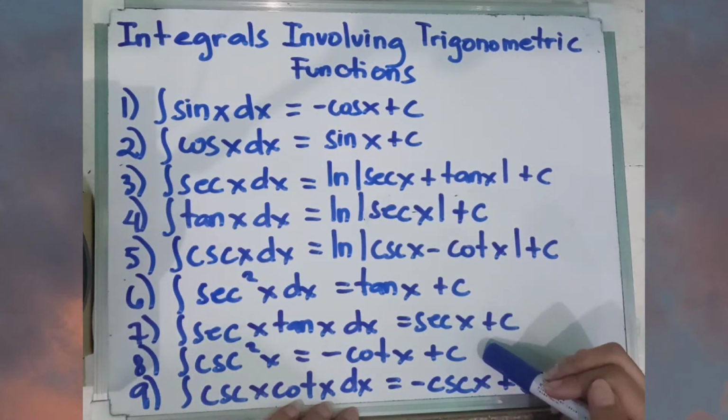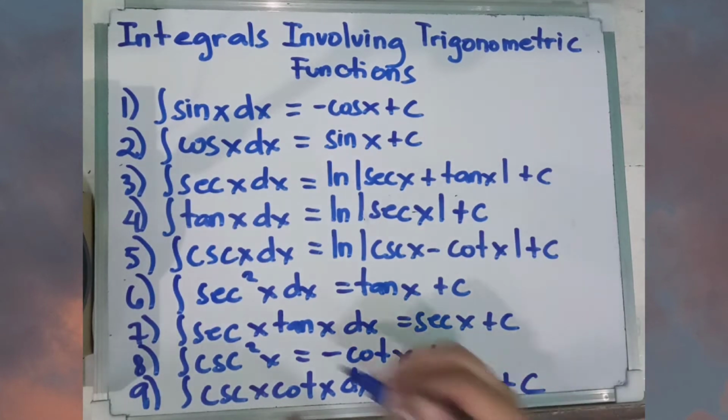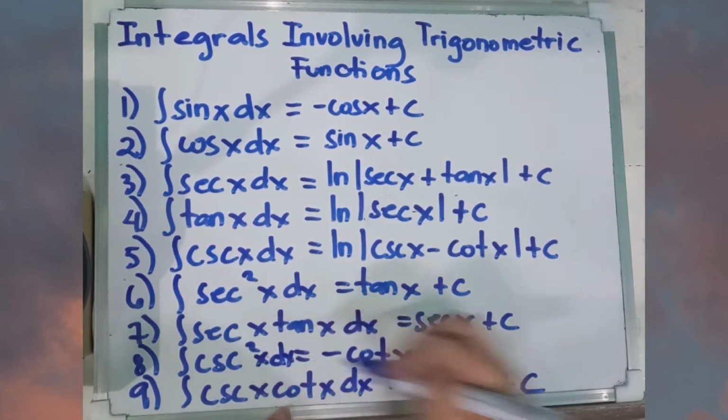Number 8, the integral of cosecant squared x is equal to negative cotangent x plus c. And number 9, the integral of cosecant x cotangent x dx is equal to negative cosecant x plus c. For number 8, I forgot to put dx.